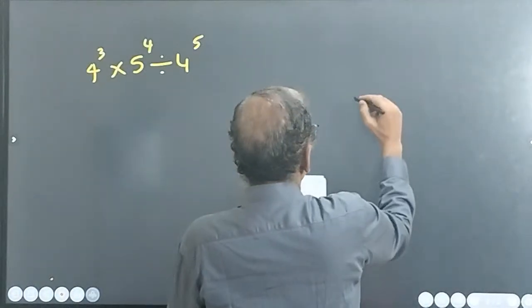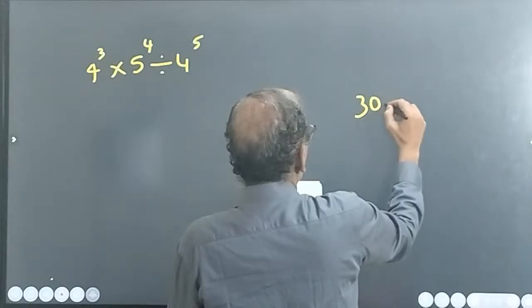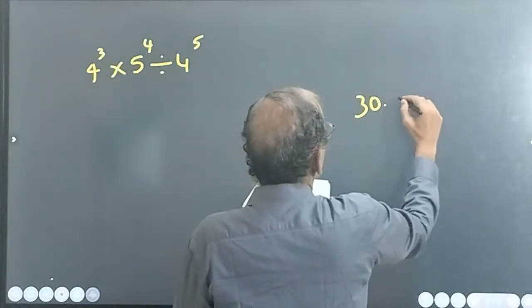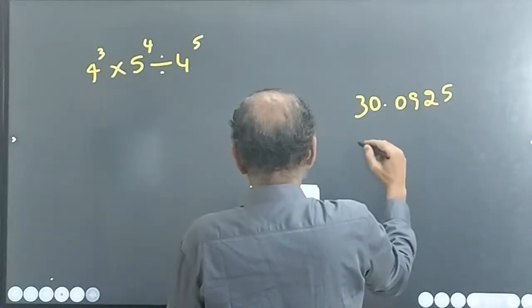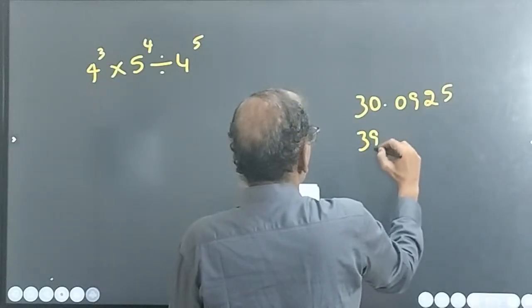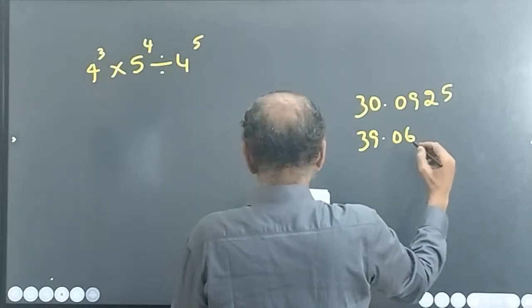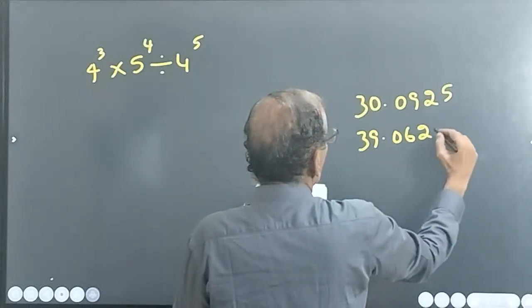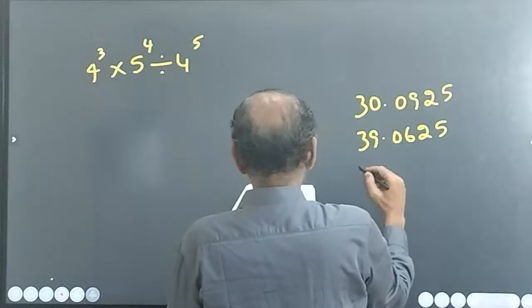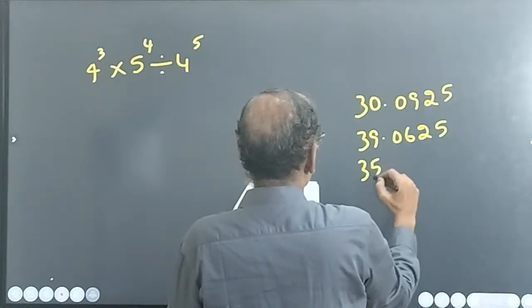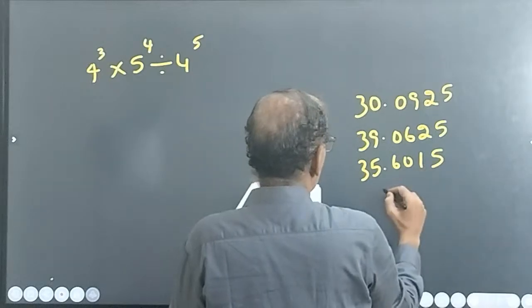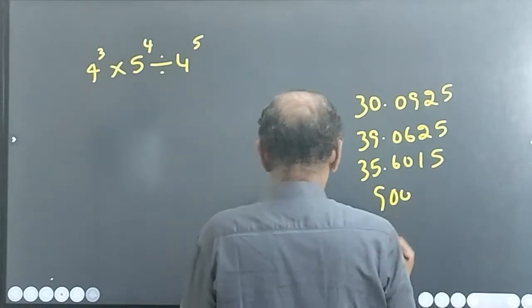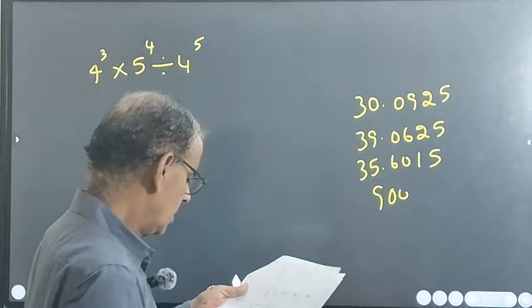Options are 30.6025, 39.0625, 35.6015, 900. These are the options. Okay.